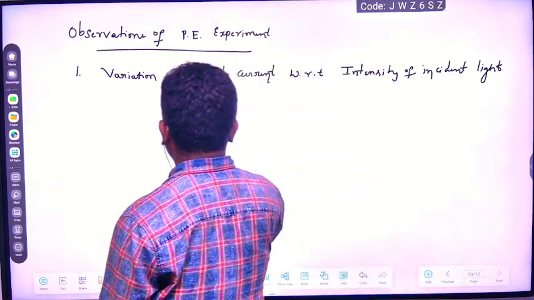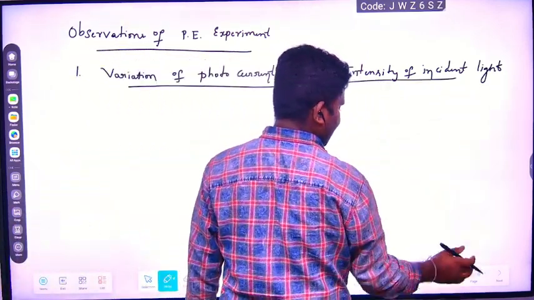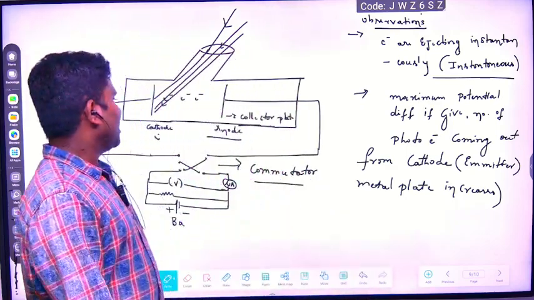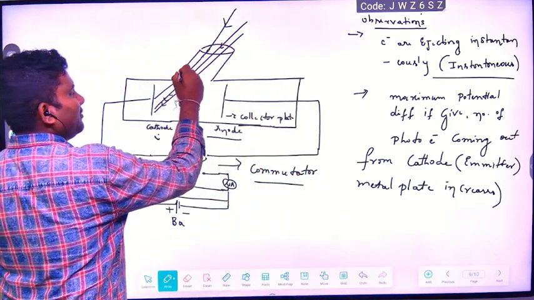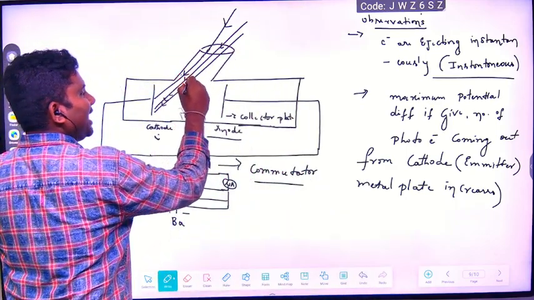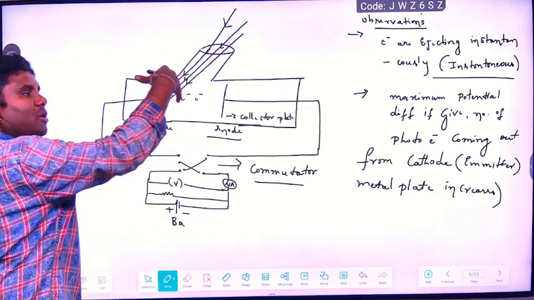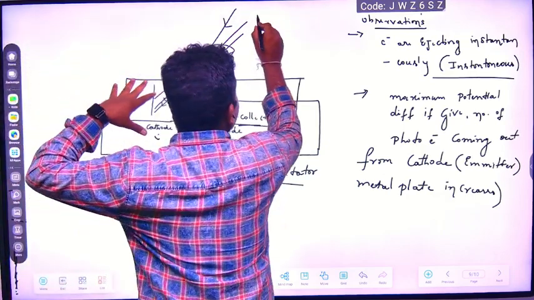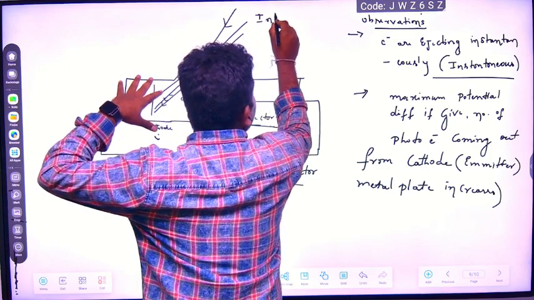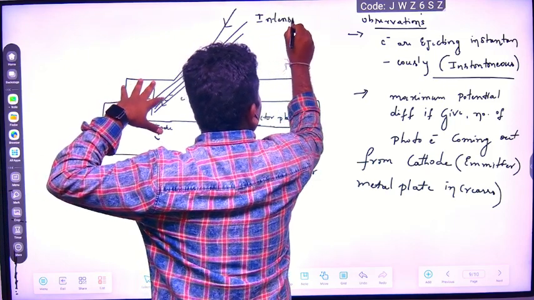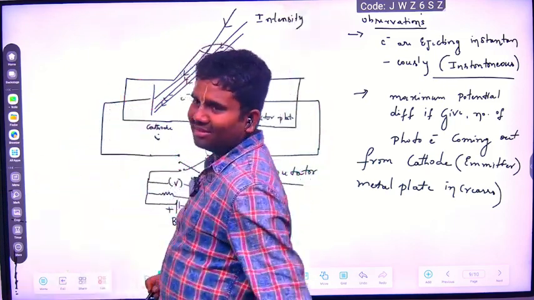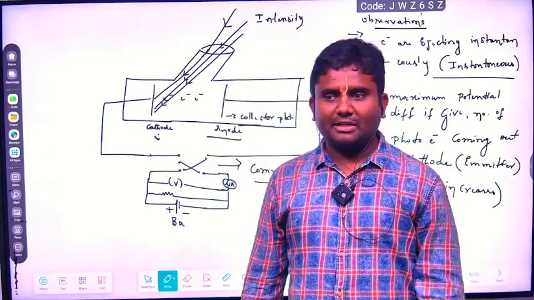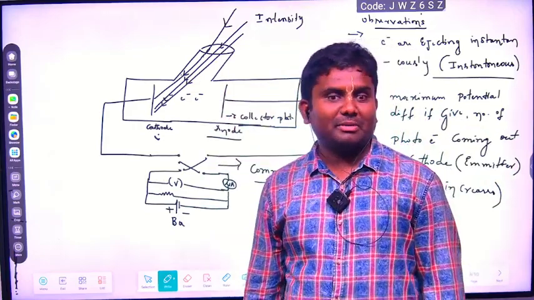Now you see, last time I was telling you, whenever the incident light falls on the metal surface, the intensity of the incident light is more. You should write an arrow for the incident light. What does intensity mean? Brightness, understood? Maximum brightness, maximum intensity of light falls on the metal surface. Now what happens?